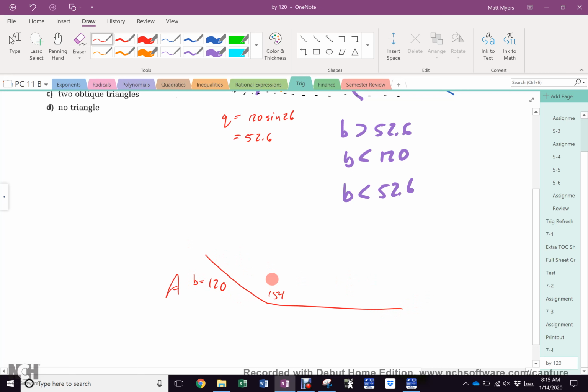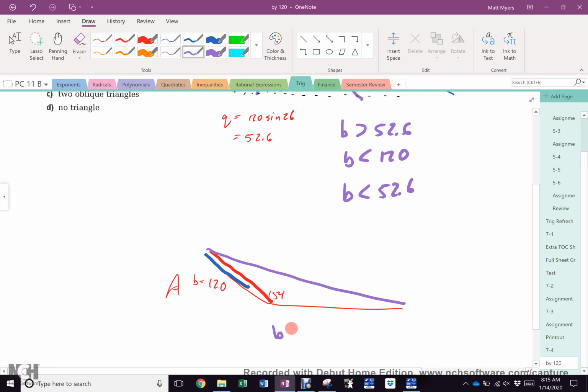We don't need an altitude, do we? Because if B is less than 120, can it make a triangle? No. If B equals 120, can it make a triangle? No. B has to be greater than 120 if I have an obtuse, yes? That's the only way we get a triangle.